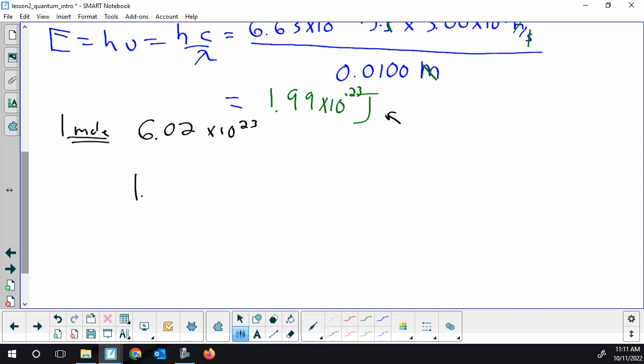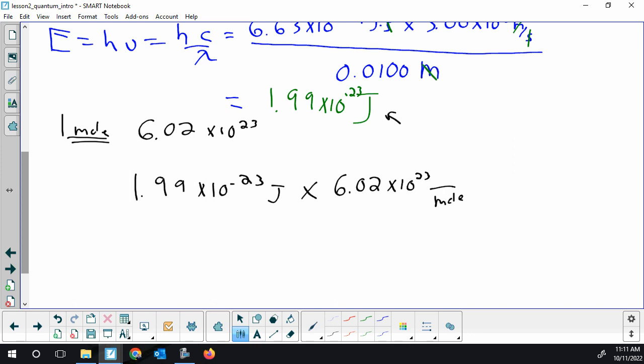So 1.99 times 10 to the minus 23 joules, and that's joules for 1 unit. So that's how many we have of anything in a mole.